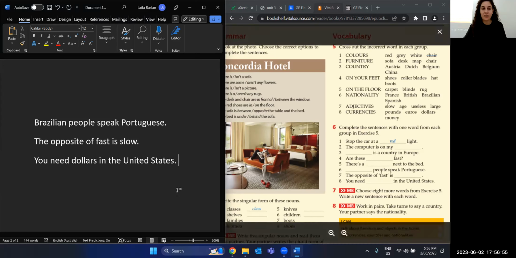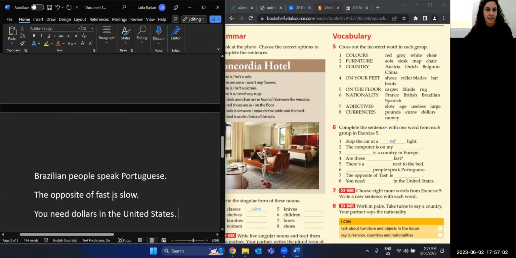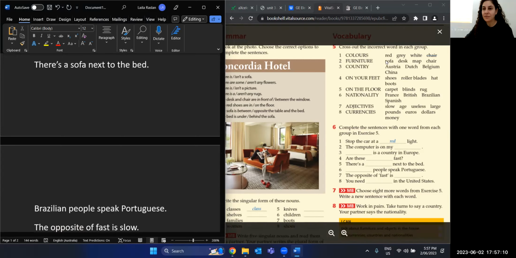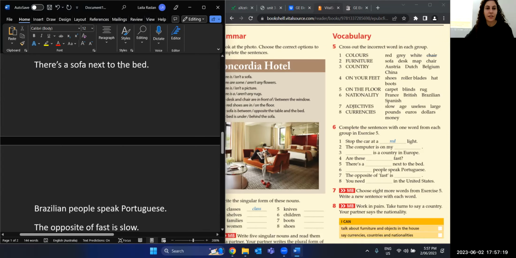Yep. You need dollars in the United States. There's a sofa. So if there's no sofa, what else? Yeah, in number 2, sofa. Yeah. Number 5, sofa. So there's a sofa next to the bed.